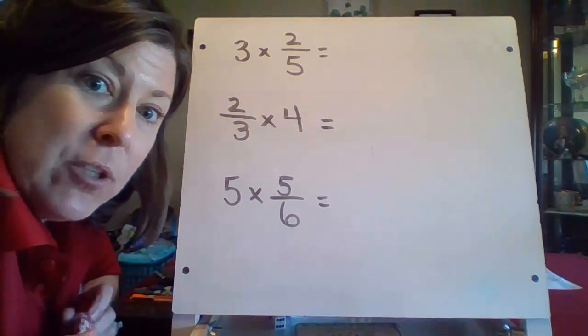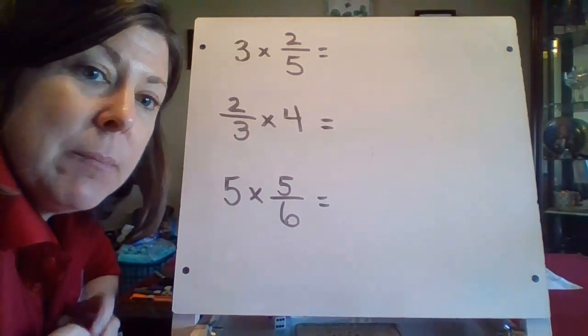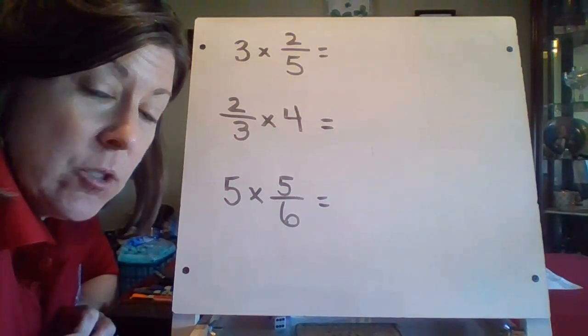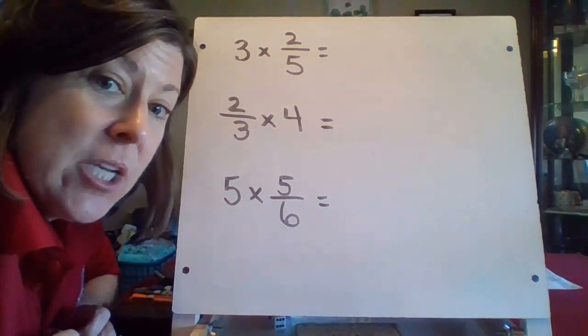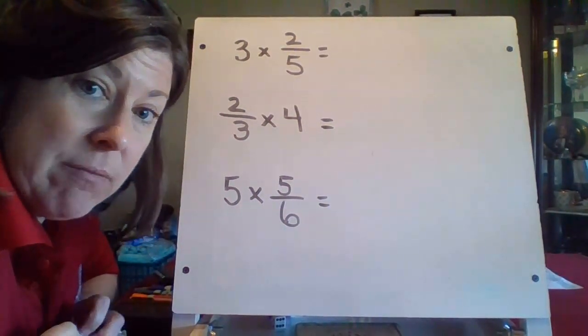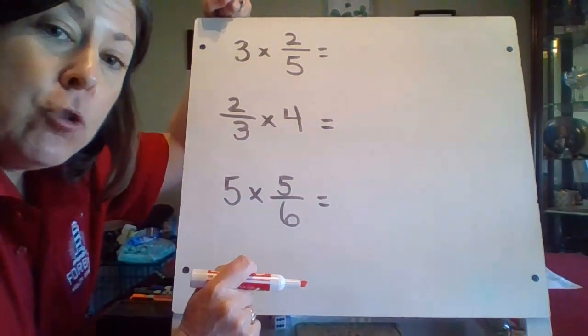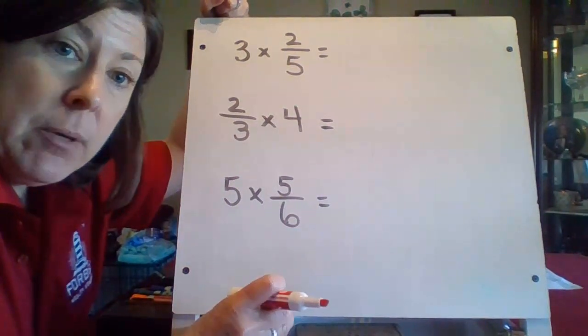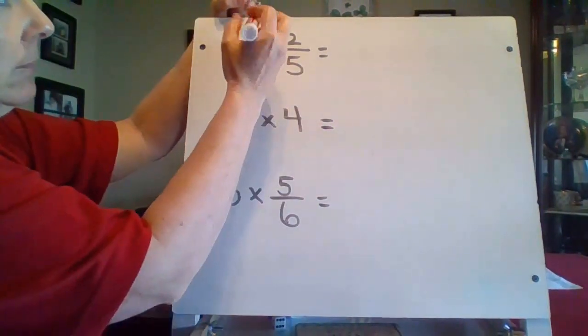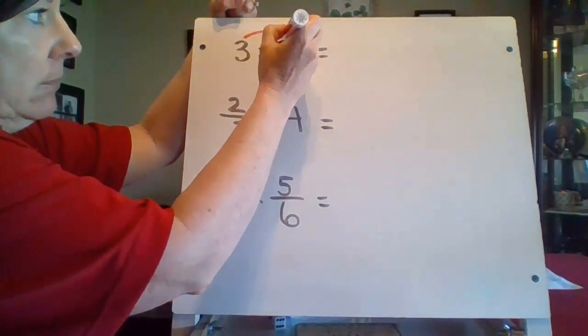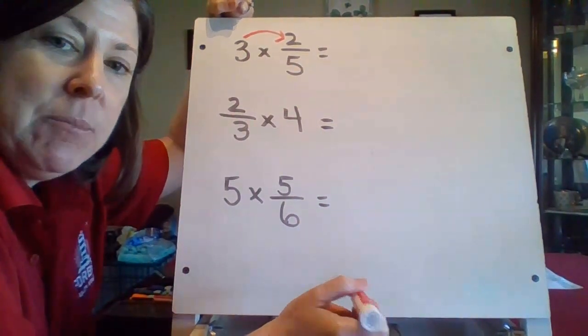Okay, so I have a few examples here, and these will be similar to what you see on your problem set, on your practice for this lesson 35. So if it's helpful to you, draw the arrow from the whole number to the numerator. I have 3 times 2 fifths.